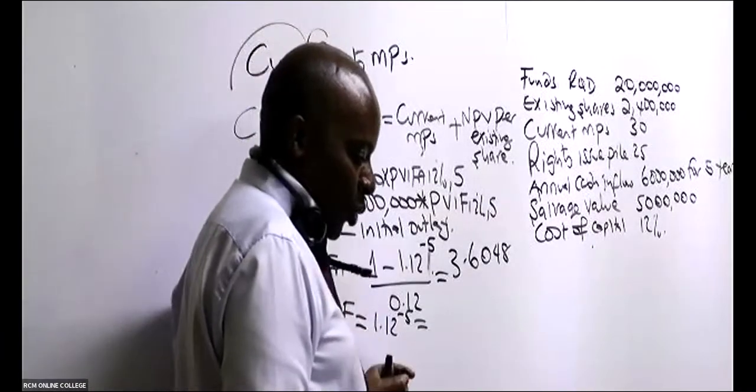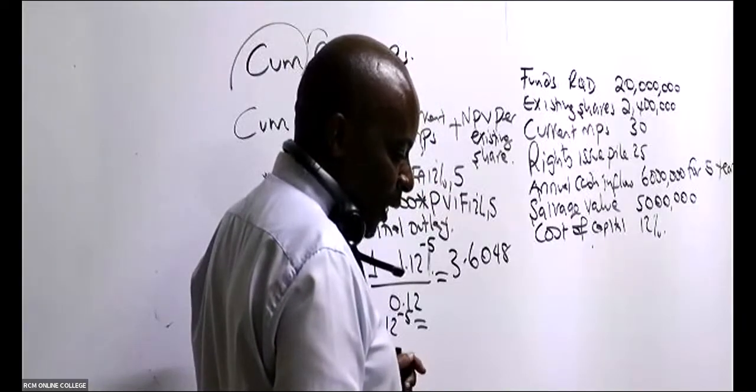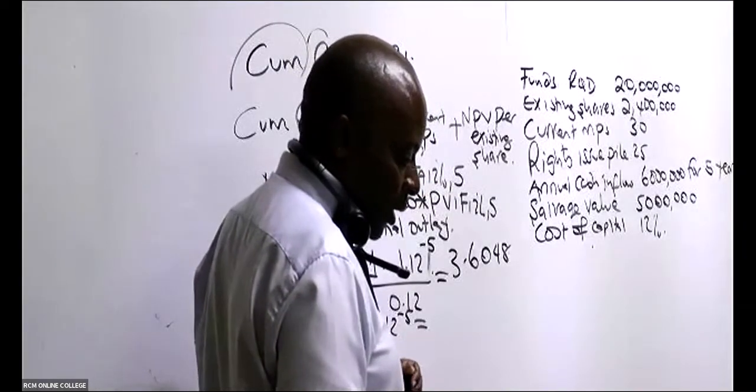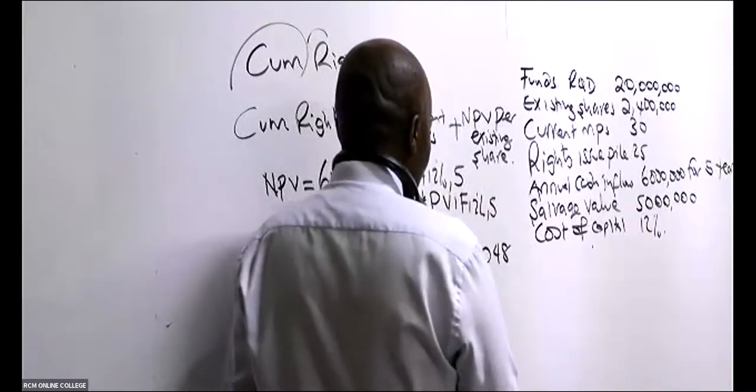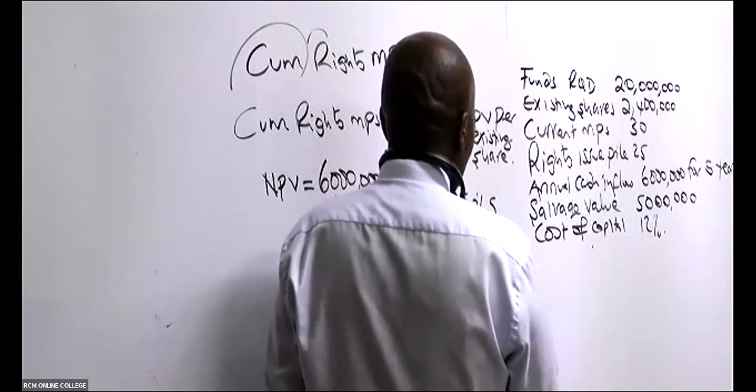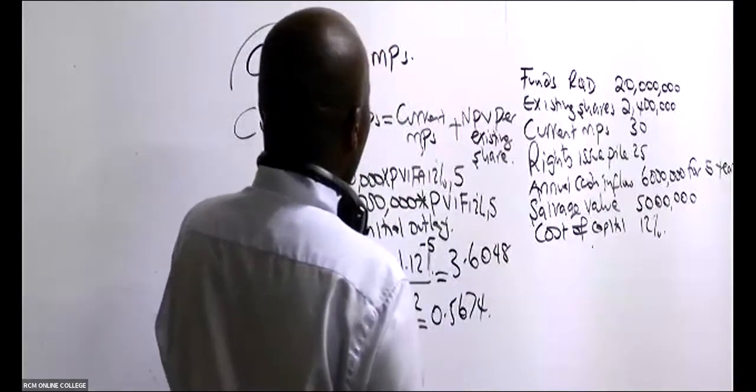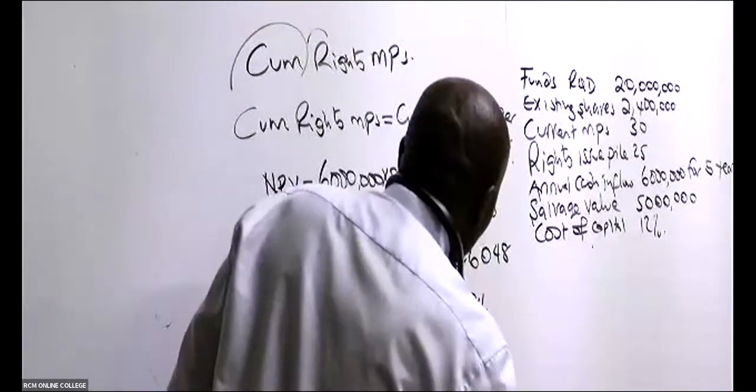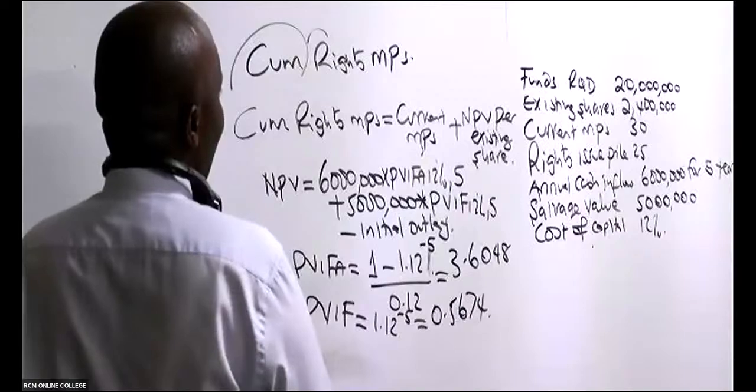So 1.12. Thanks, Peggy. Thanks, Jane. Thanks, Margaret. 0.5674. Thank you so much. So then can you kindly go ahead and give me this net present value?